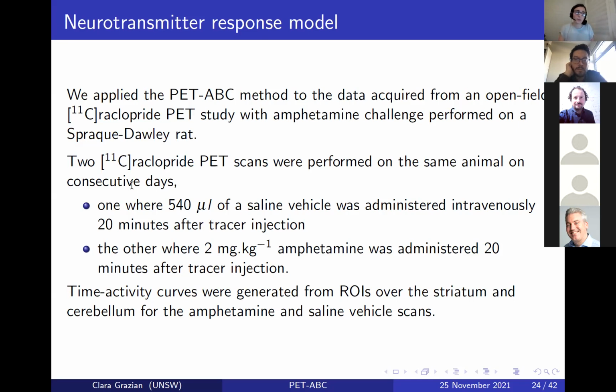We would like to see if ABC would perform well in this situation: that there is actually a drug administered in the second case, and no drug on the first day.